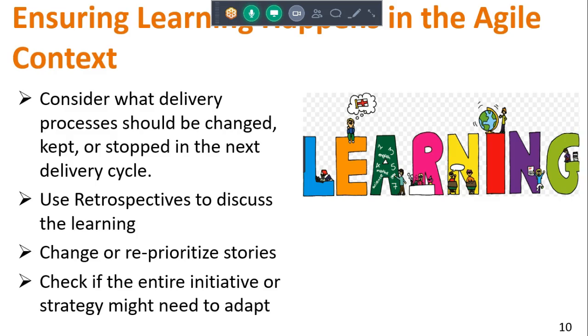Our efforts in a particular iteration can't just be focused on the product that we're producing in that iteration. There needs to be a certain amount of time dedicated to saying, we need to be sure we're continuing to get information for our next iteration.